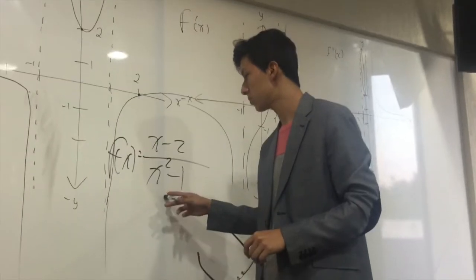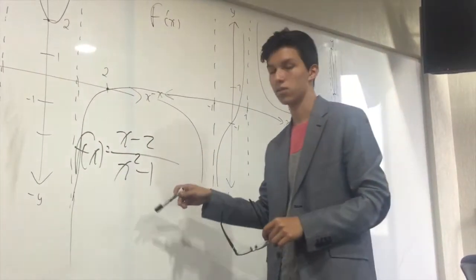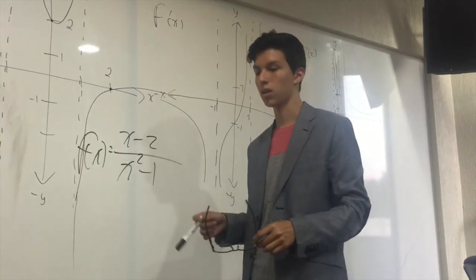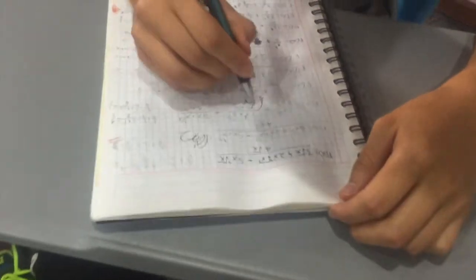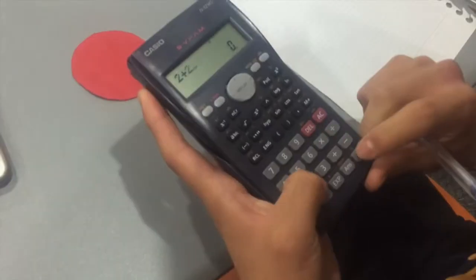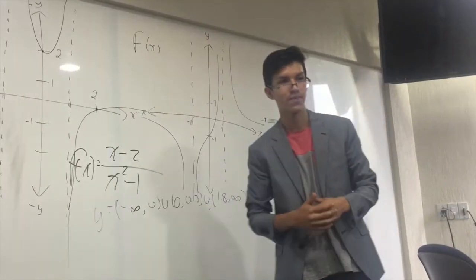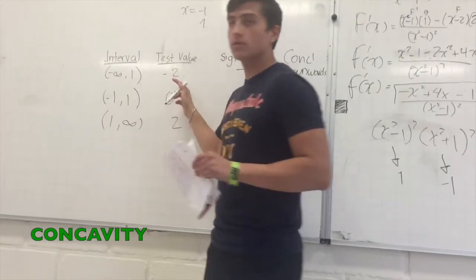I want you to tell me the intervals of the concavity. What is the concavity in that interval? And the inflection points. Yes, of course. Go ahead. So the number in these intervals is minus 2.